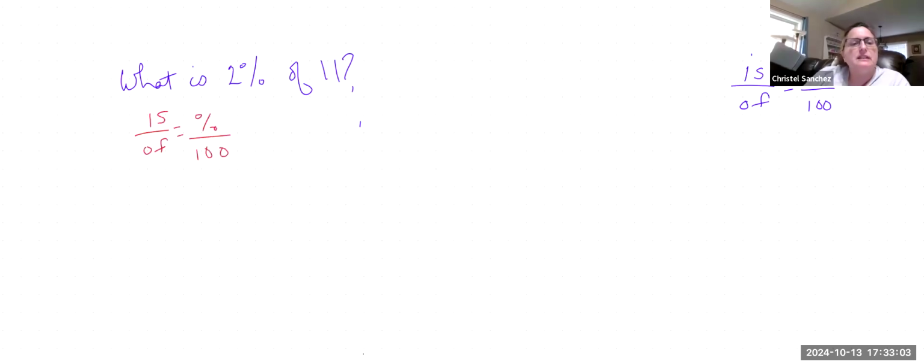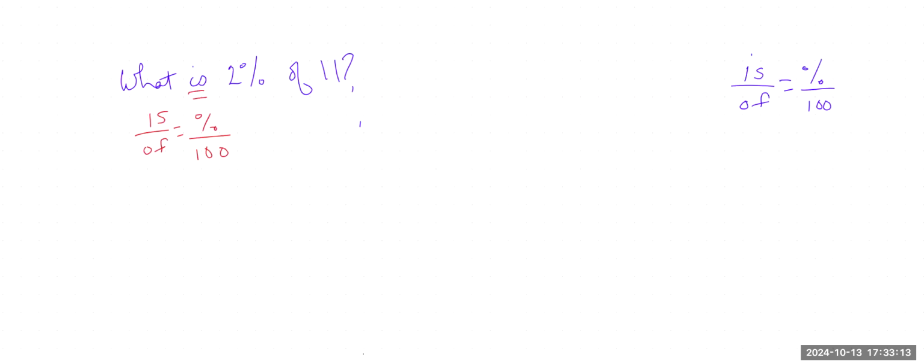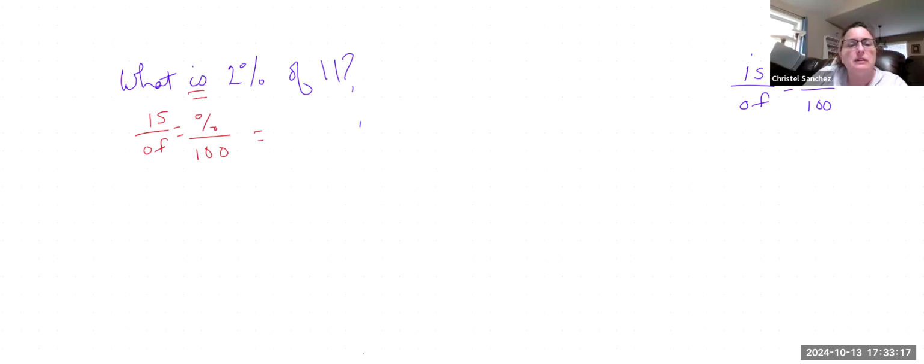My question's asking me what is. So do I know is? Is it telling me what is, or do I need to find out? I need to find out, so it's going to be an X. Now remember this 100 will never change, so we can go ahead and write our 100 in there.